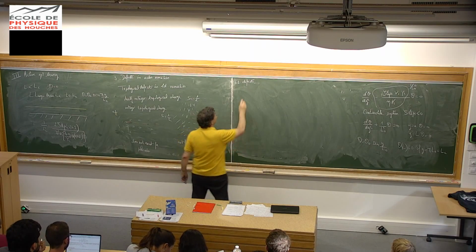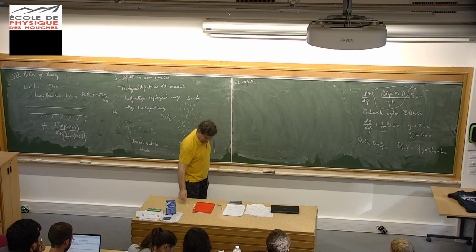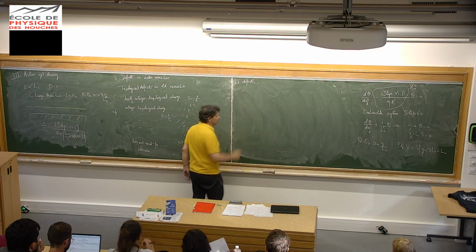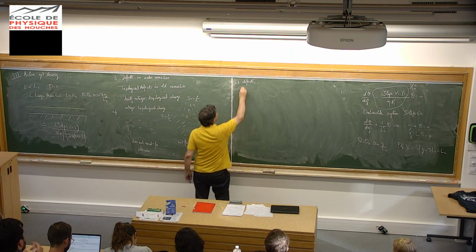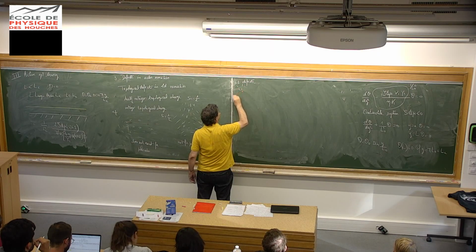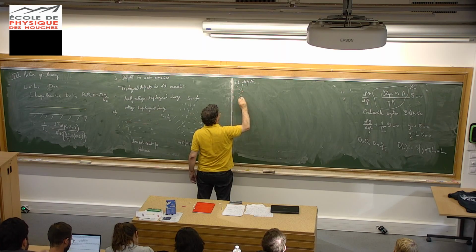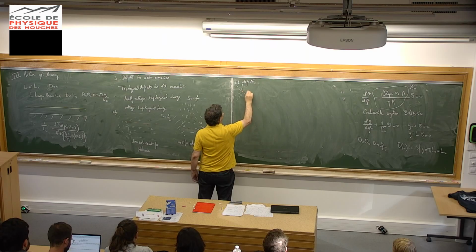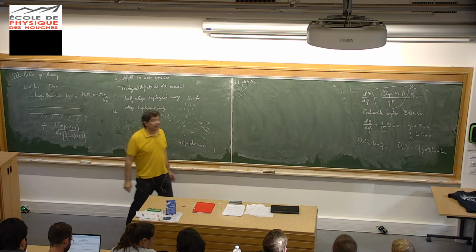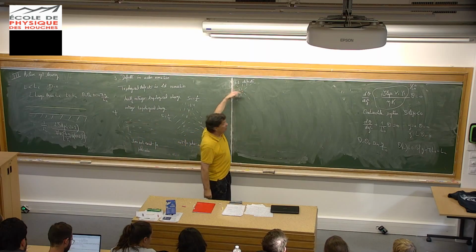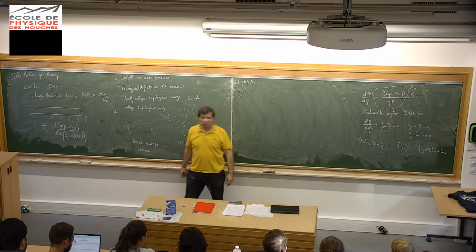So the +1 defect can be something where the center of the defect is here, and the molecules do that. So they are radially oriented. If I turn by 2 pi, the orientation obviously turns by 2 pi.